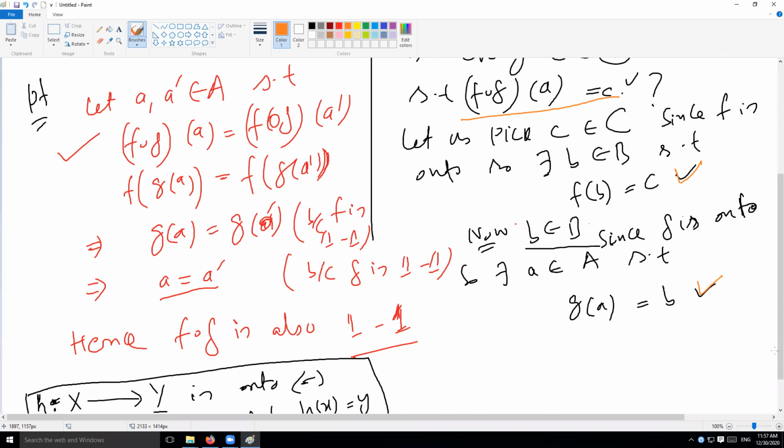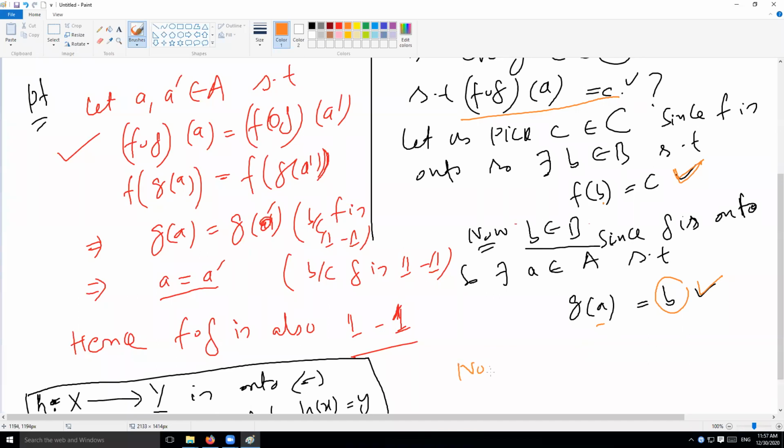Just think from this perspective. One trick that you can do is take this b, the value of b, and substitute it here. We can do that. So F of B is C and G of A is B.